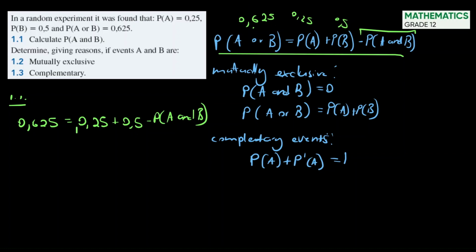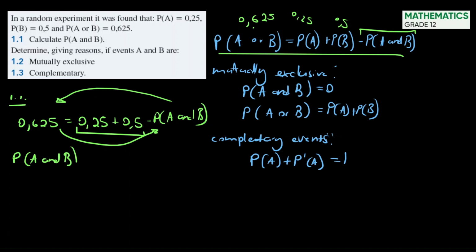We can take this to the left-hand side and bring this to the right-hand side. The probability of A and B will be equal to 0.25 plus 0.5 minus 0.625.